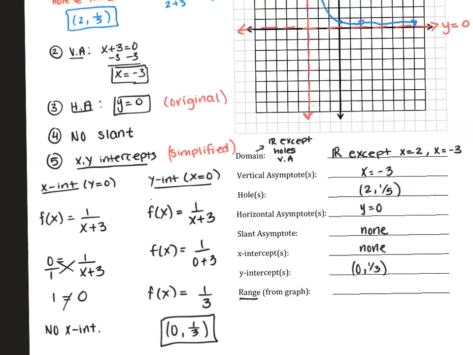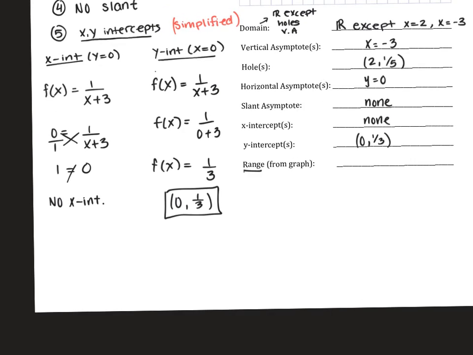So let's go down here and just write down additional points. My idea is going to be to see where the graph is at x equals -4. You could say -5, -6, -10. Doesn't matter where.